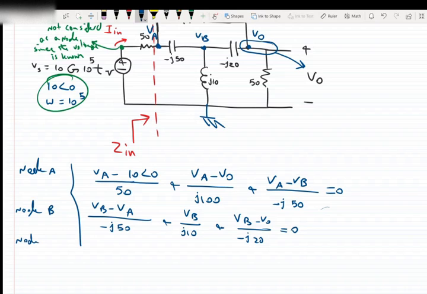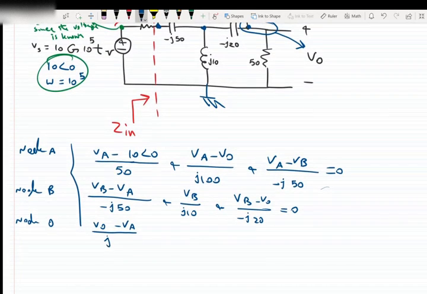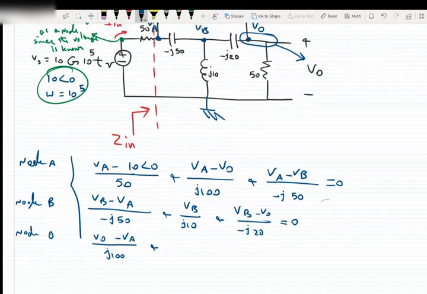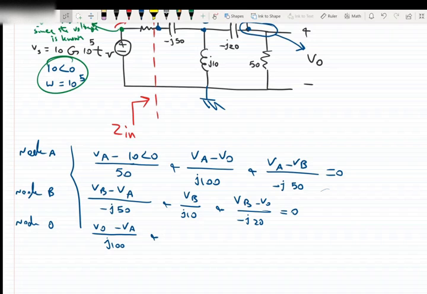Node O, the last node, we can say VO minus VA over J100 plus VO minus VB over negative J20 plus VO over 50 is equal to 0. So here we have 3 equations with 3 variables, VA, VB, VO.